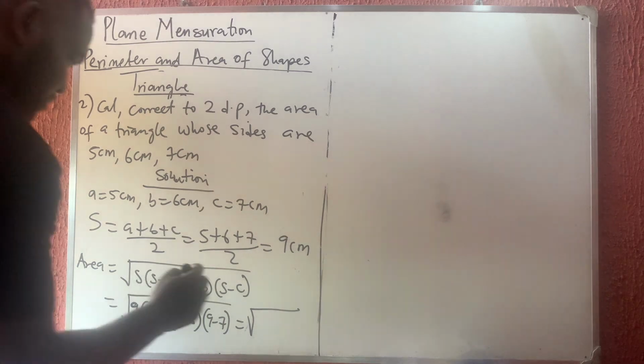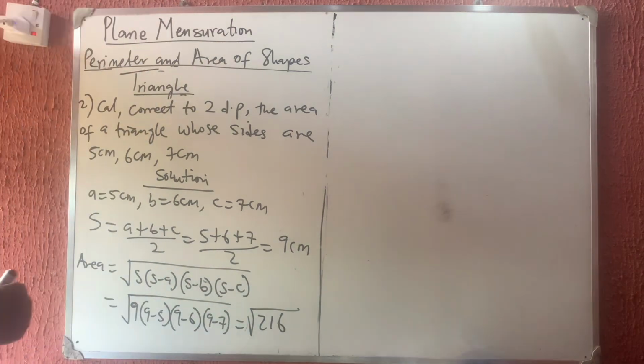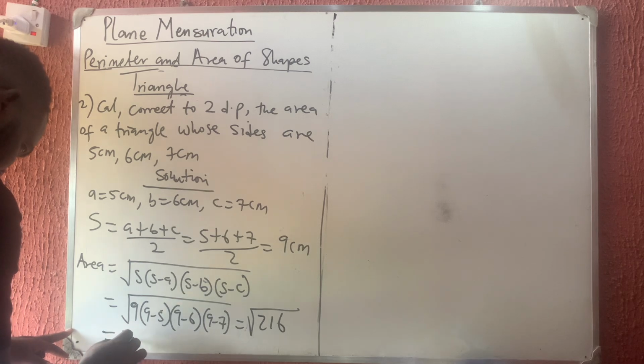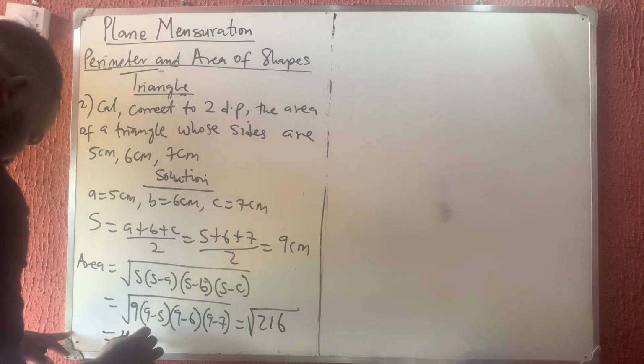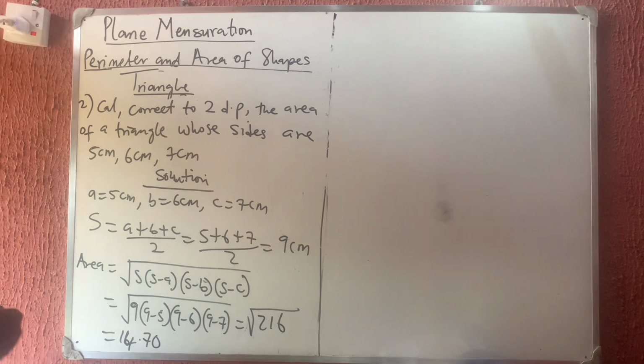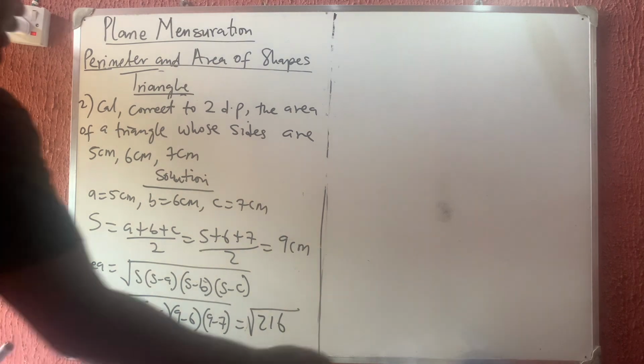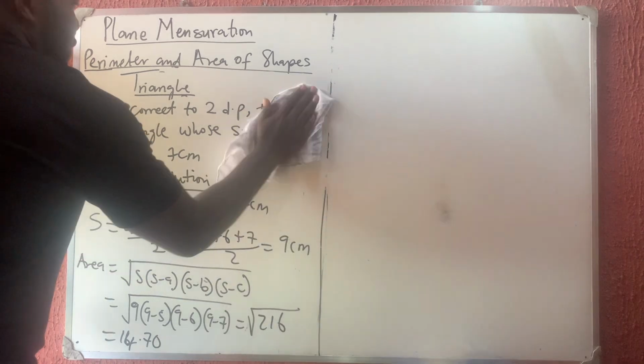So I'm having 216. So square root of 216 is giving me 6 root 6, which is what? 14.70 approximately to 2 decimal places. You see, it's very easy to solve. So we'll move to question number 3.